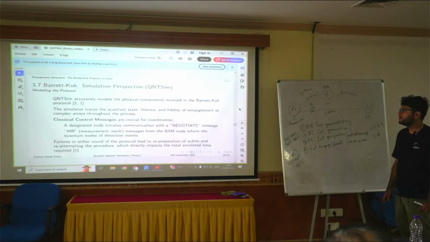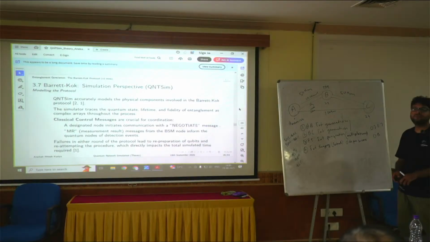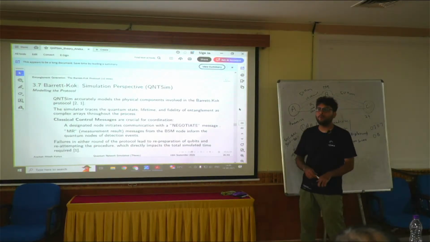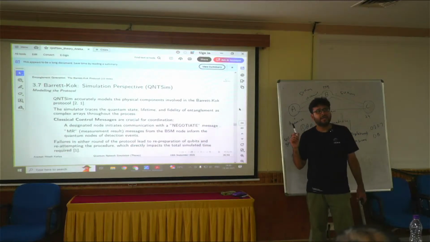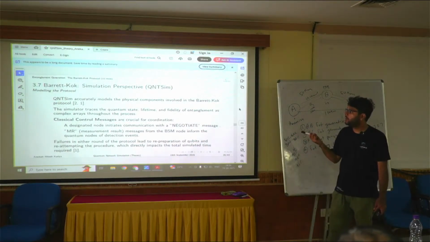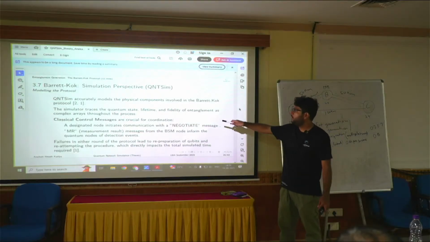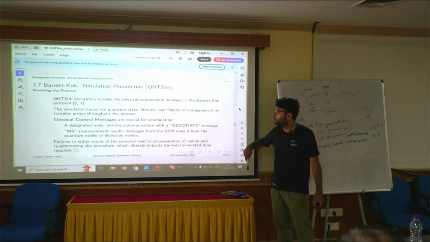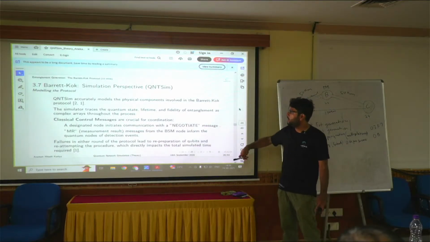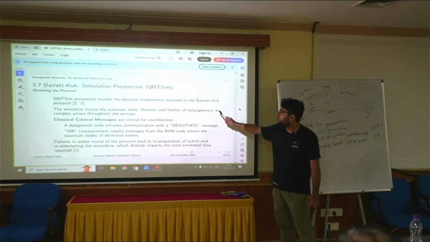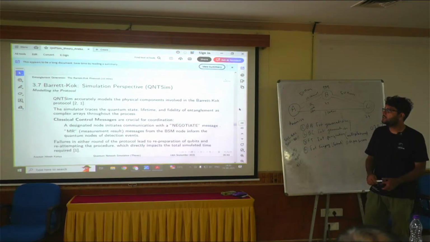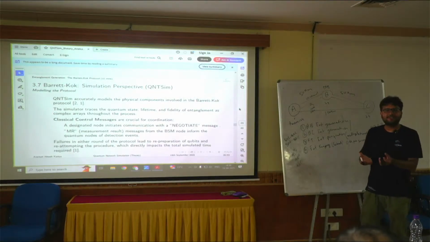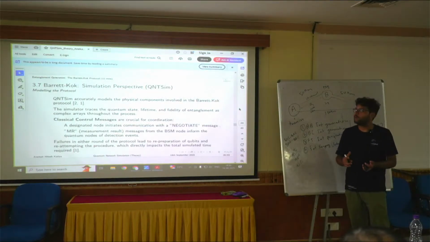From the QNT-SIM perspective, our simulator accurately models the physical components involved in the Barrett-Kok protocol. The protocols I mentioned are all physical protocols, and they need to be simulated. The simulator uses the Barrett-Kok protocol for entanglement generation, and it traces quantum state, lifetime, and fidelity of entanglement as complex arrays throughout the process. There is a lot of complex computer science going on in the background to keep track of your states.